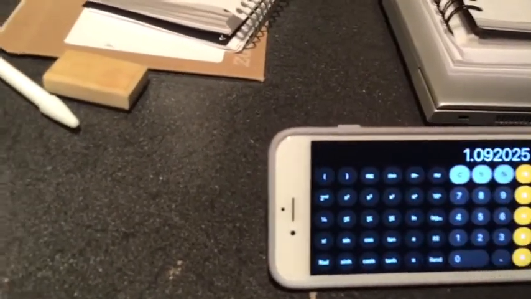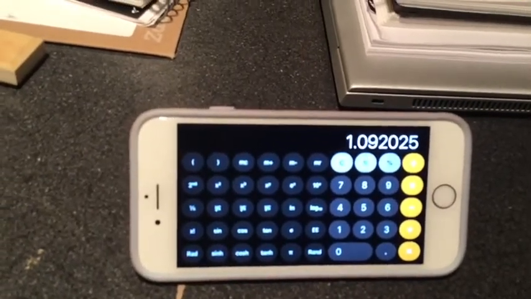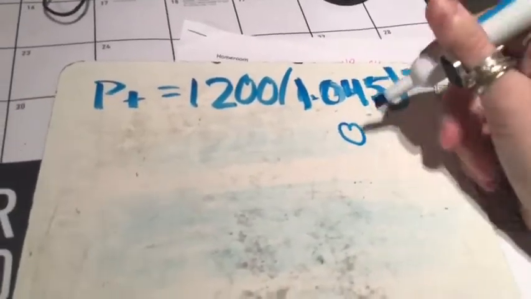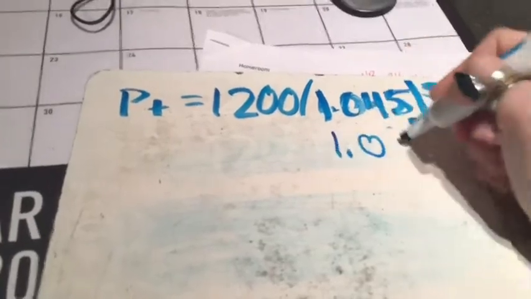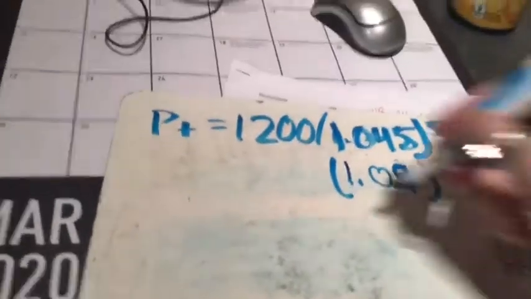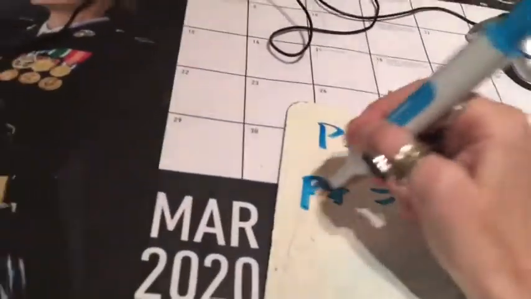So boom, I would get an answer of 1.09, and then it's 2, so it would round to 1.09. And now I would bring down my times 1,200 equals PT, right?